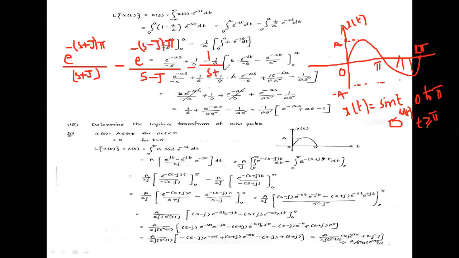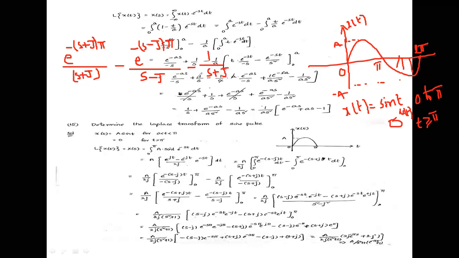And now we can apply the upper limit and the lower limit in these two terms. A by 2j, upper limit, if I am substituting t as pi, e power minus of s plus j into pi by s plus j minus e power minus of s minus j into pi divided by s minus j, and the lower limit you can substitute, we get the minus e power 0 as 1 by s plus j.